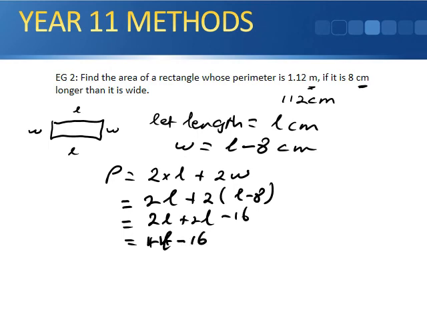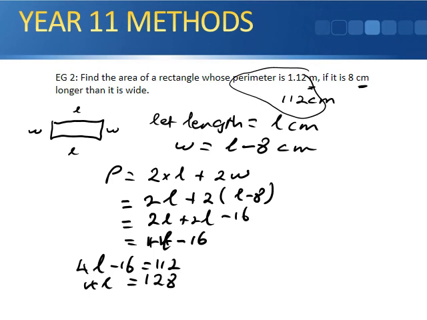But they also tell us that the perimeter is 112 centimetres. So we've got 4L minus 16 equals 112. So 4L, I've got to add 16 to this, will be 128, and therefore L equals 32 centimetres.